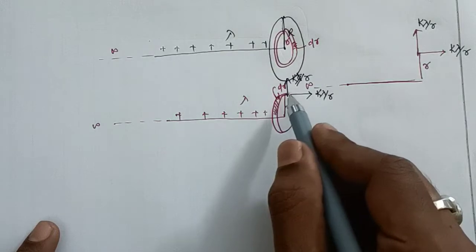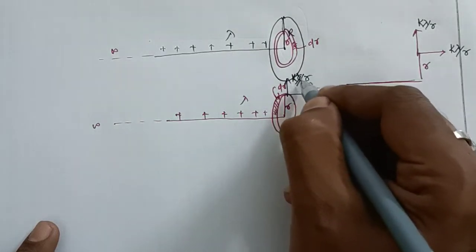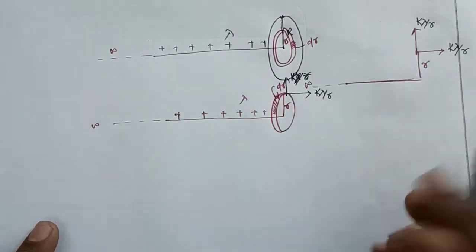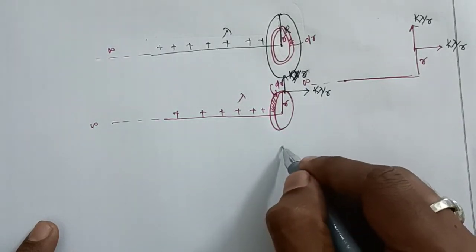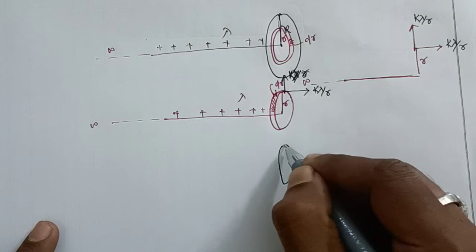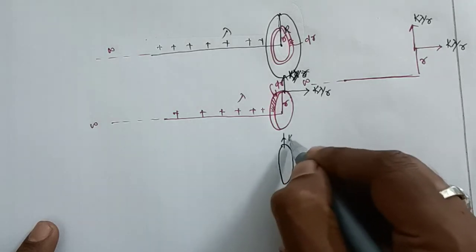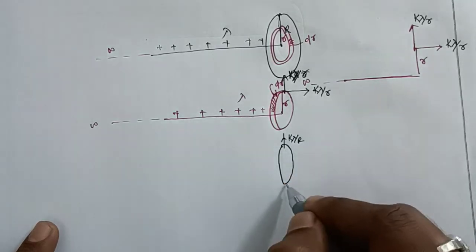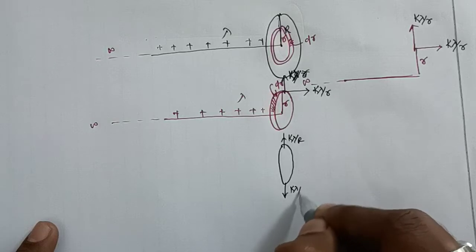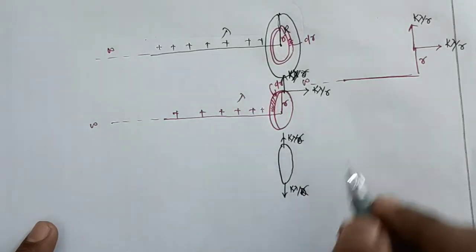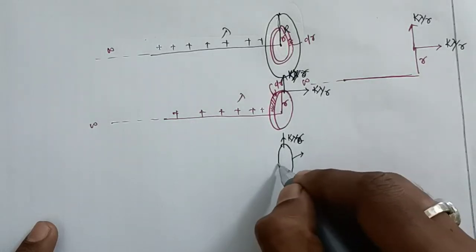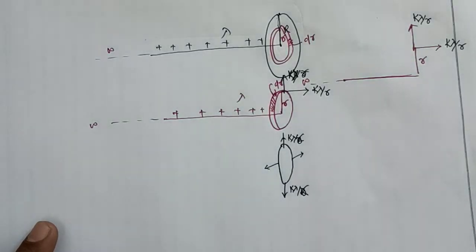So how many components? Two components. One is k lambda by r perpendicular, another is k lambda by r. If you observe very carefully these sections, the perpendicular component here is k lambda by r. If I consider this side, it is also k lambda by r, and this is small r, I must include small r. This section is also k lambda by r.